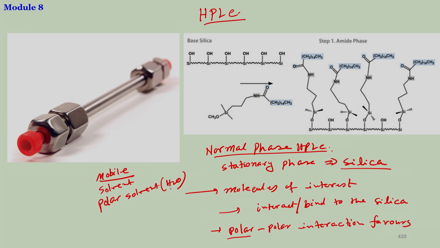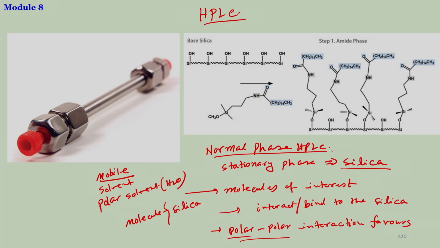If you now inject a polar solvent that is more polar compared to this interaction, the molecule to silica interaction would be broken, because silica will now interact with the solvent.